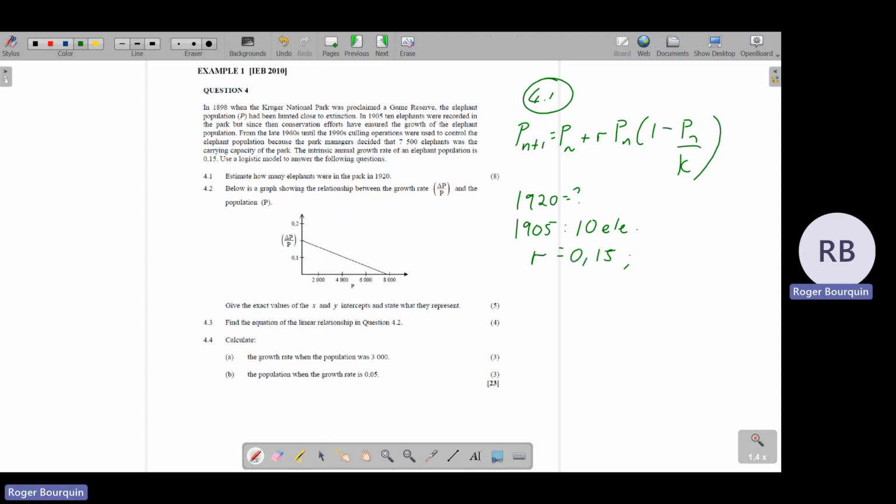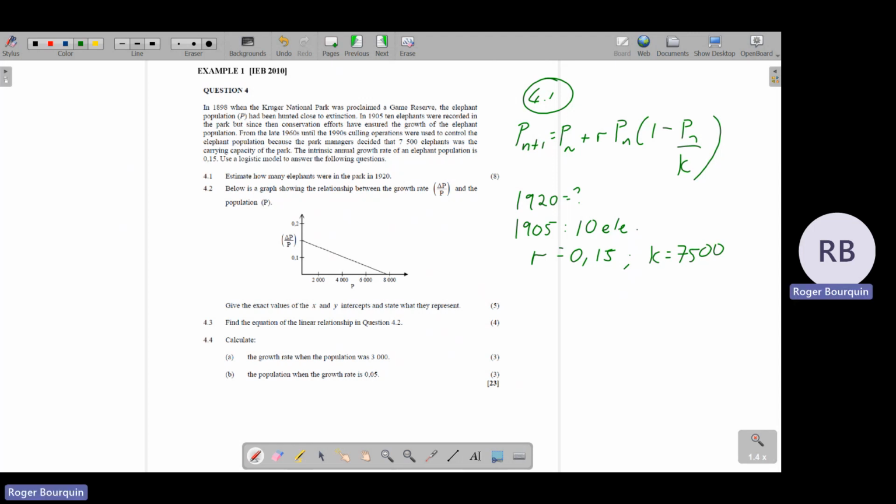And do we know K? Which, by the way, elephant numbers are now sitting at about 35,000. Okay. So K is 7,500. That's what they were working with. Question was, how many are going to be in 1920?